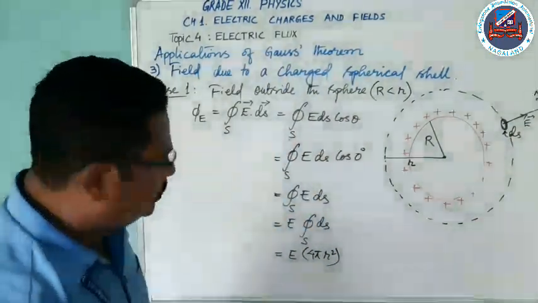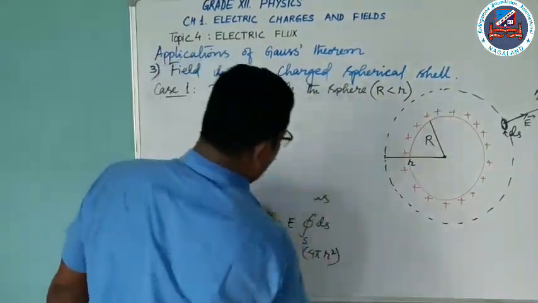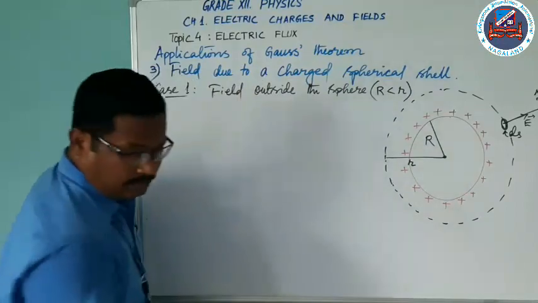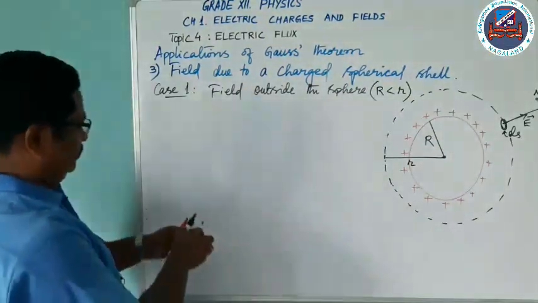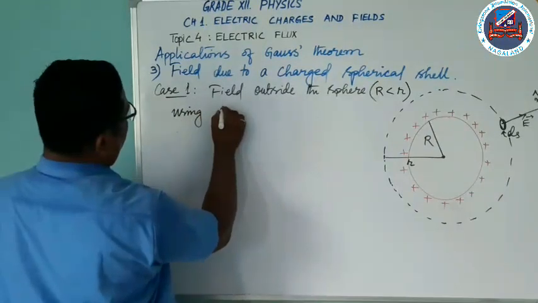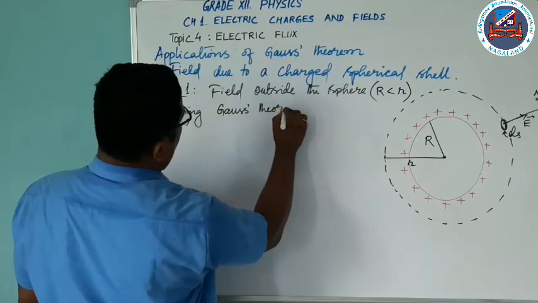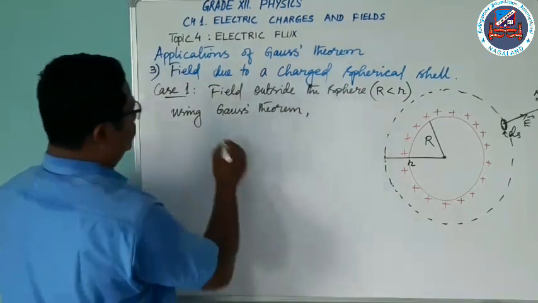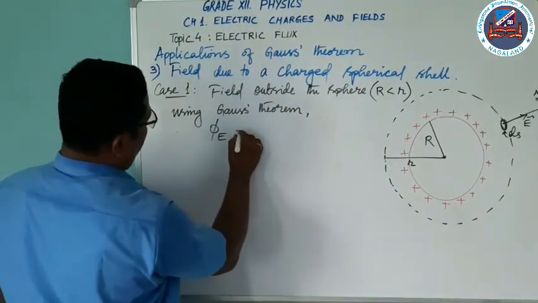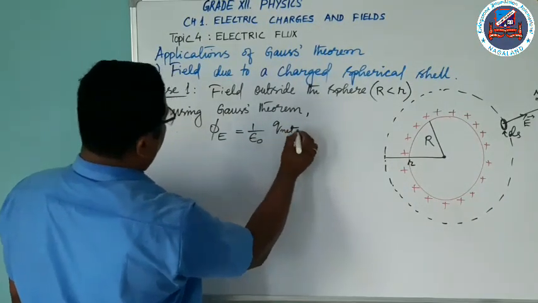Now if you use Gauss theorem, the net electric flux is equal to 1 by epsilon naught times the net charge.